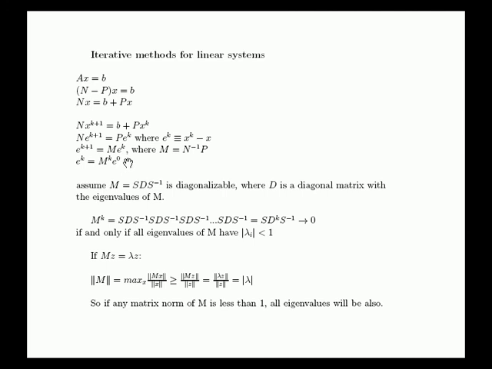It matters a lot how close you start, but for iterative methods for linear systems, it's either going to converge or it isn't, regardless of where you start. The closer you start to the solution, the sooner you'll get there. But if the norm of N inverse P is less than 1, or if all eigenvalues are less than 1, then it's going to converge no matter how far you start or how close. So it's the matrix itself that matters, not the right-hand side or the starting value.